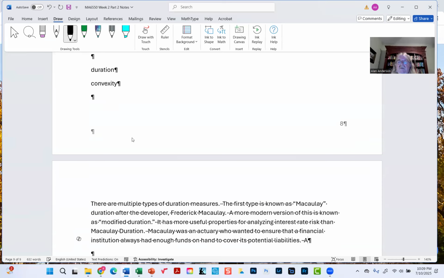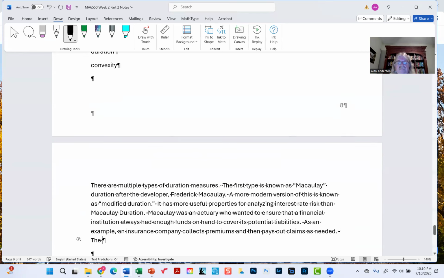As an example, an insurance company collects premiums and then pays out claims as needed. So how do they make sure they have enough money? Well, the premiums are invested typically in something very safe, such as treasury bonds.